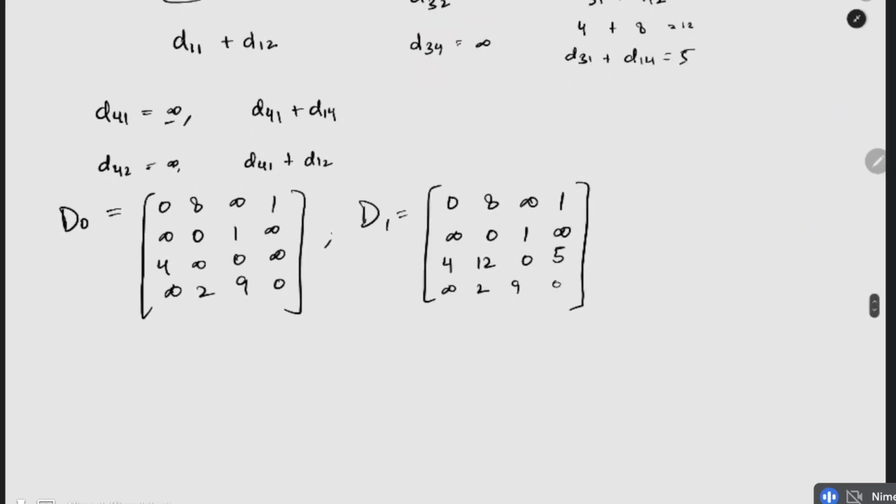And then we go for the next element, that is vertex 2, so when we go searching for that, we end up with this: 1, infinity.